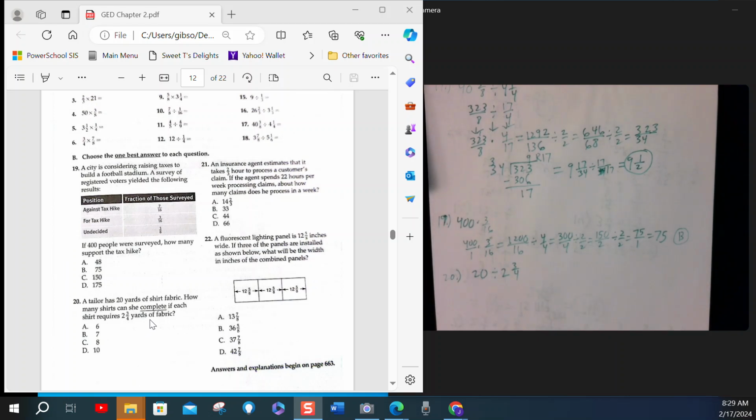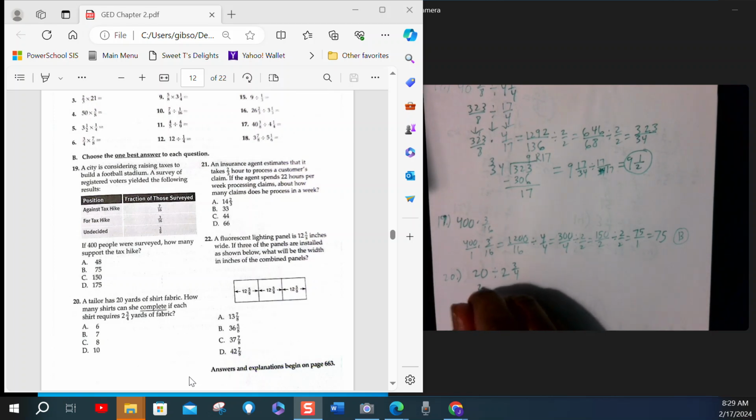Now, one thing they stress here is the word complete. That means that if we have a fraction left over with our answer, we will only take the whole number because we want complete shirts. We're not doing rounding here. We're just doing whatever the whole number is. That's how many complete shirts you would get.